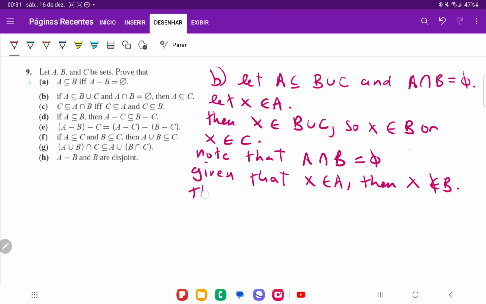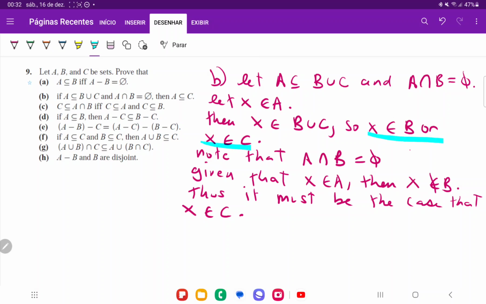So thus, it must be the case that X belongs to C. And the reason is because up here we said that X belongs to B or X belongs to C. So since it cannot belong to B, it has to belong to C, right? So we have shown here that we took some element in A and showed that that element was in C. So our conclusion is, therefore, A is a subset of C. And that is it for item B.